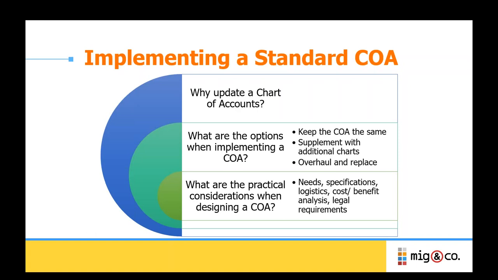One of the things I want to talk about is what are the practical considerations when you're designing a chart of accounts? What are the things that you need to take into consideration? You need to look at your needs, logistics, cost benefit of doing that, legal requirements, what do you have to report on and to whom? Those are all important considerations.